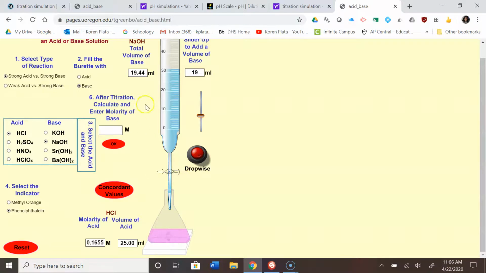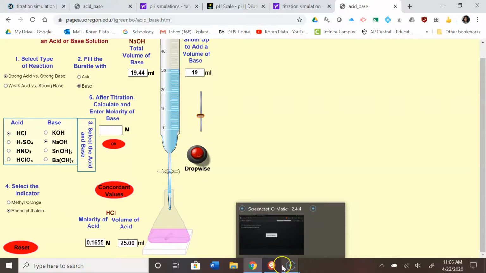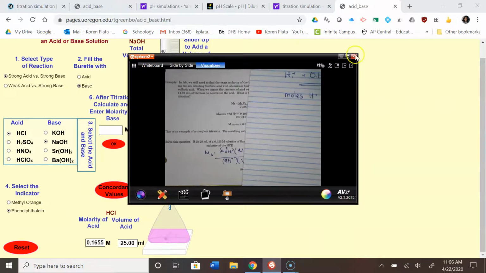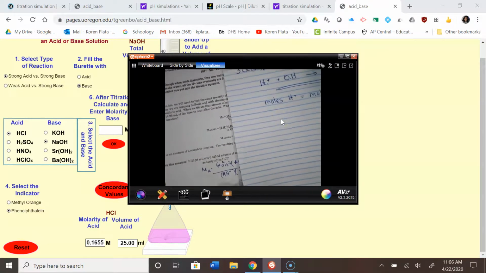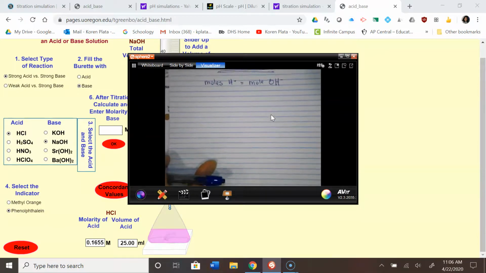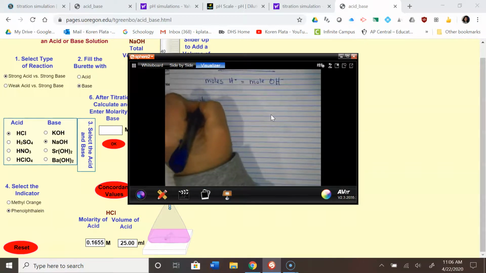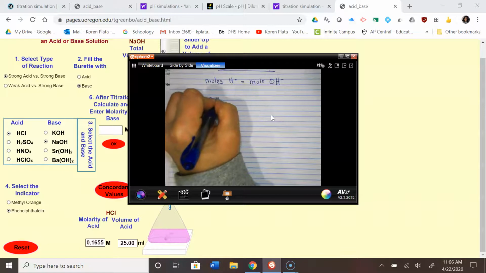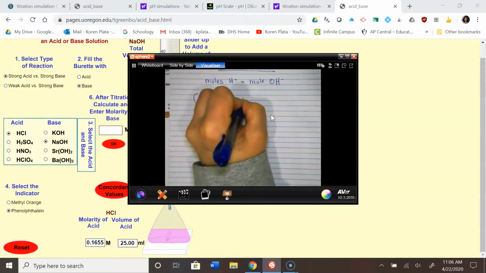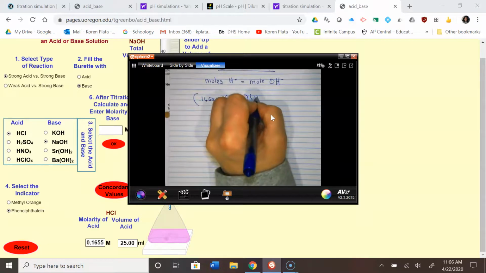I added one too many drops, so I actually am going to go back to 19.42 to do that calculation. So on my calculator, I've got 0.1655 molar of HCl, and I have 25 milliliters of it, and I know I only have 1 H+.